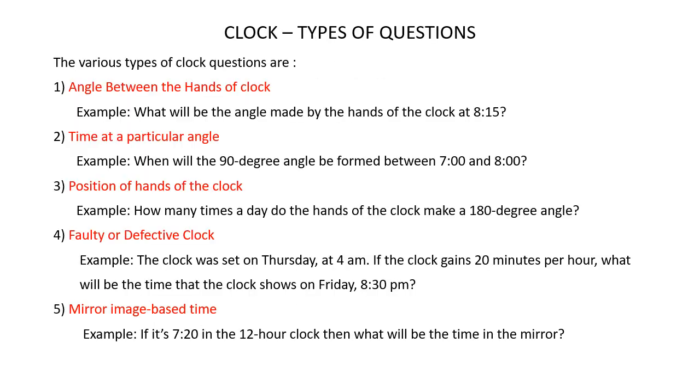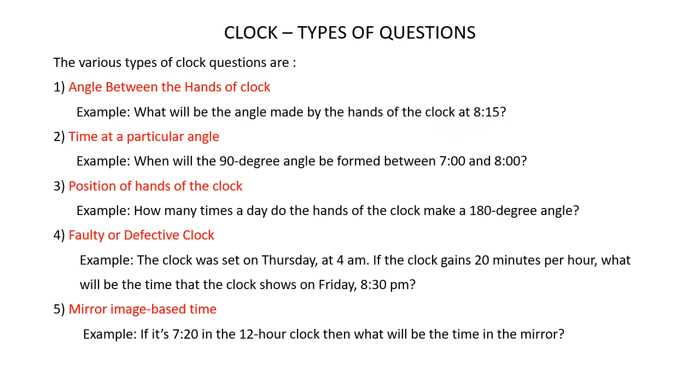Let's now look at a few types of questions that are asked in competitive exams. The various types of clock questions are: the first type is angle between the hands of a clock. For example, what will be the angle made by the hands of the clock at 8:15?